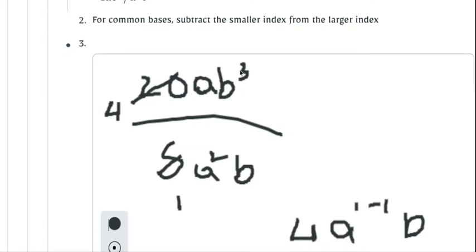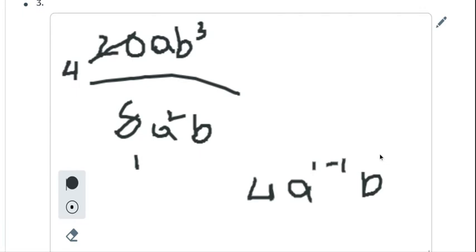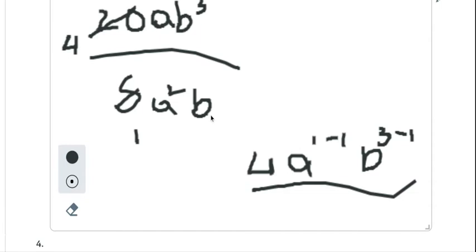So we would say B to the 3 minus this 1. Everybody with me? Sir, that's the B squared. Right, correct. Let's look at this denominator now. What would we have left in the denominator now, guys? We would have... A to 1, sir.